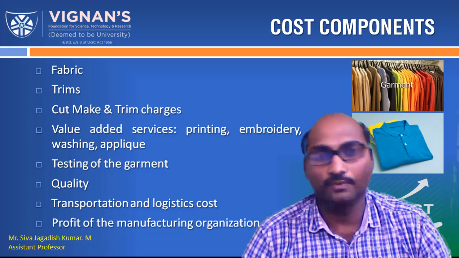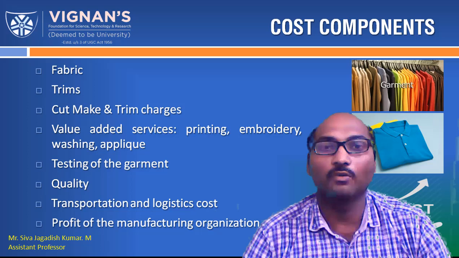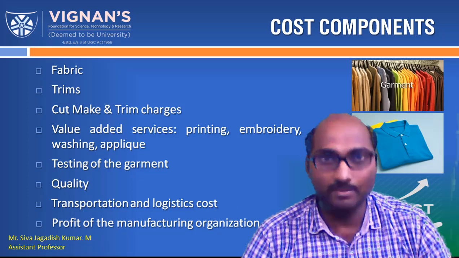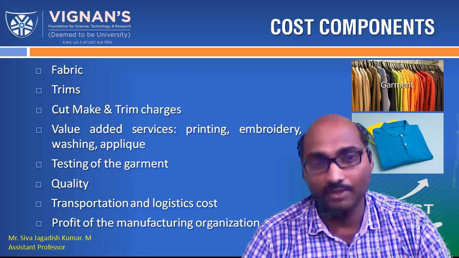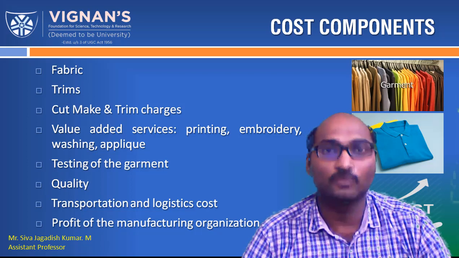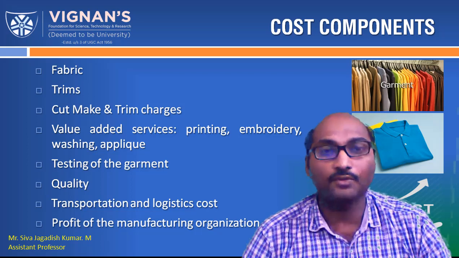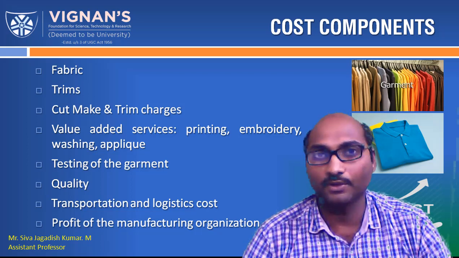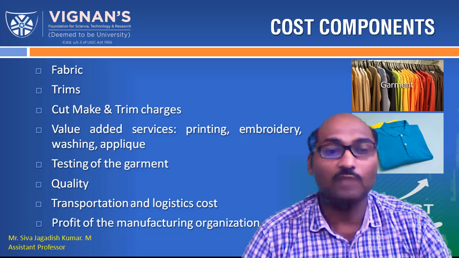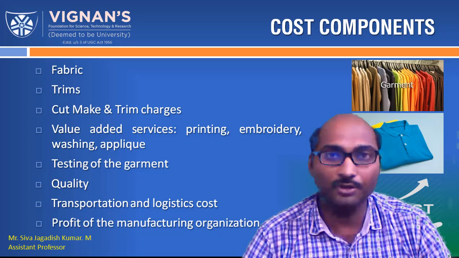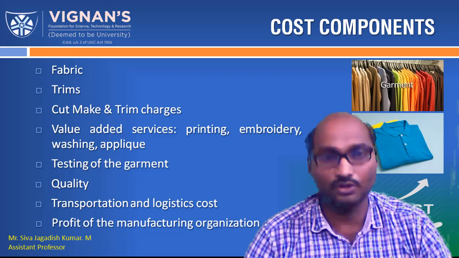I think so far in the earlier videos we have thoroughly discussed the costing of fibers, yarns and fabrics, in terms of wovens and also knits. In recent videos we discussed trims thoroughly, and cut make trim charges depend on the country, company and place; it is going to change.